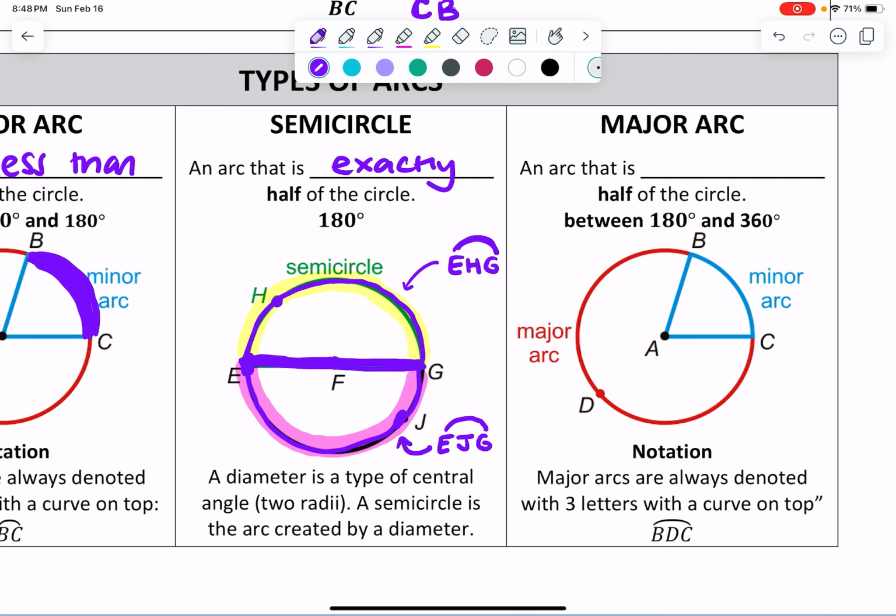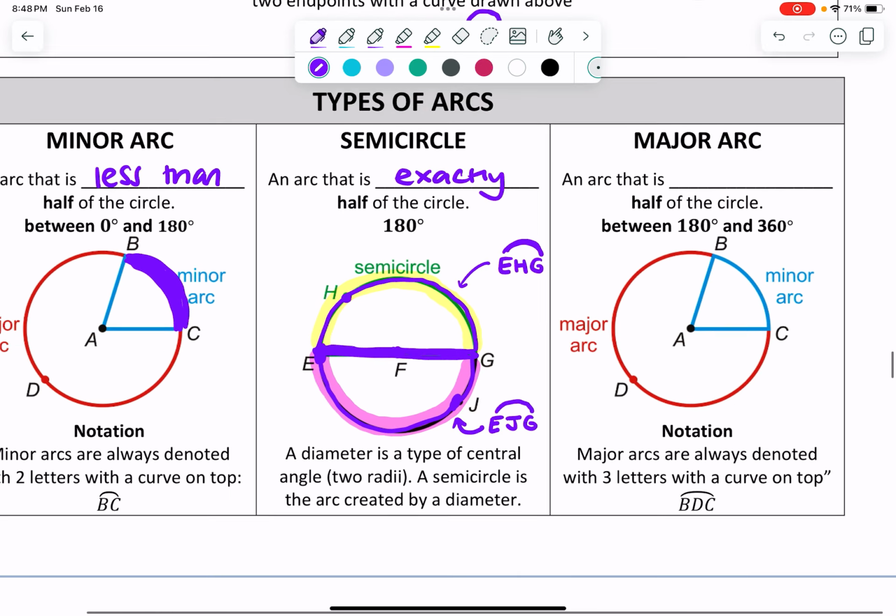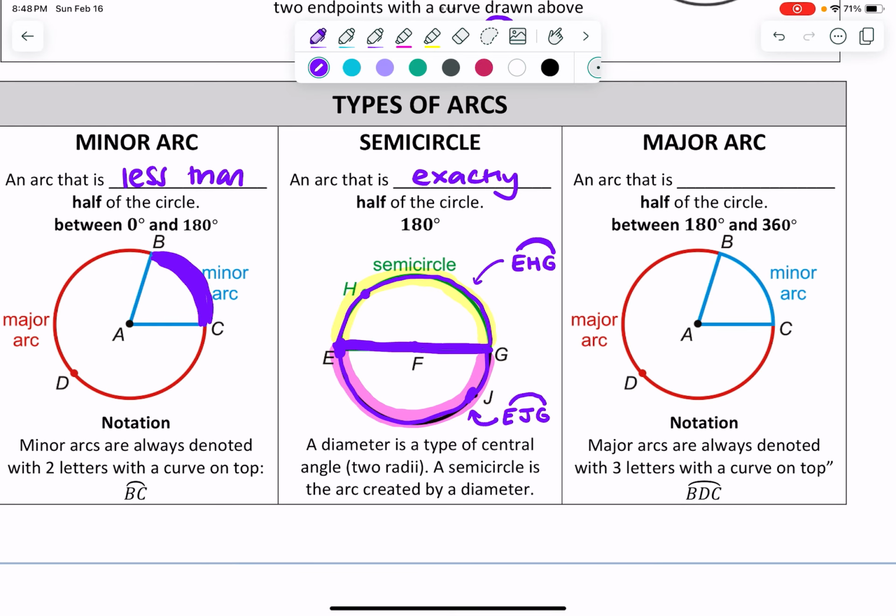Which kind of brings me to a major arc. Now we can probably imagine if a minor arc is less than half, a semicircle is exactly half, then the major arc has to be more than half of the circle, which means it's between 180 and 360. Can't be 180 exactly because that's a semicircle, but it's somewhere in between there.